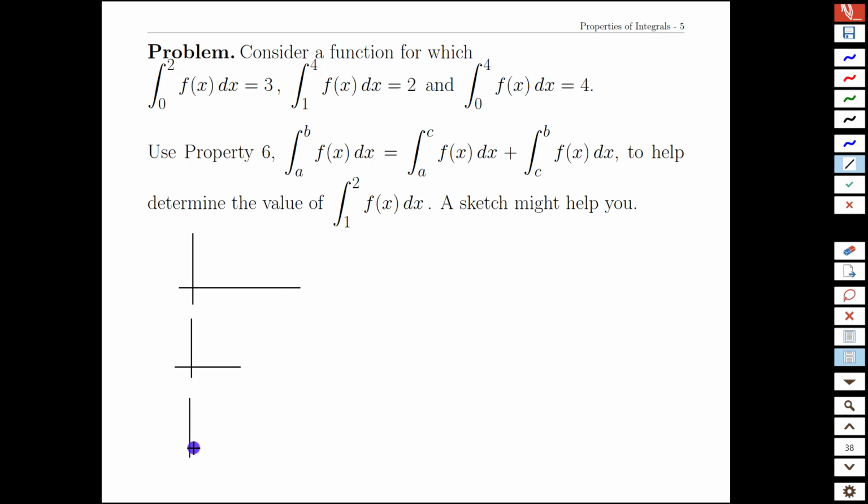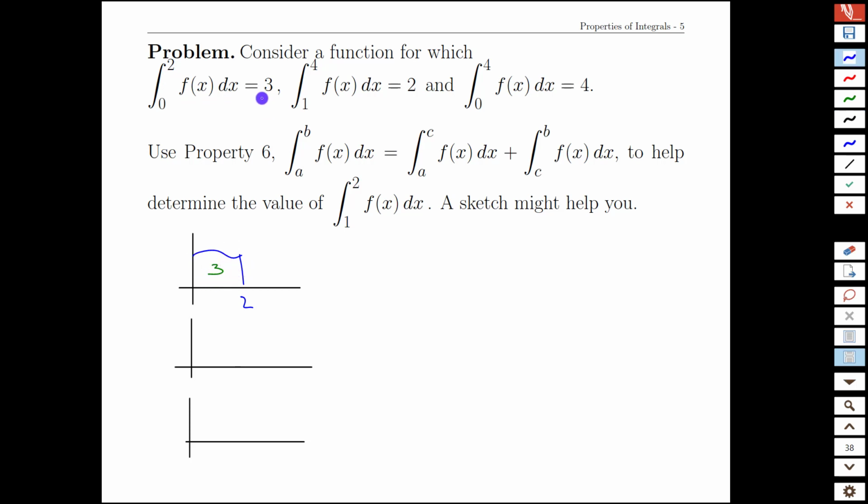So I'm going to draw 3 axes here, all lined up. And this is not going to be a detailed sketch for the function itself, but we can represent these as areas. For instance, the integral from 0 to 2 of our function would give an area of 3. The function doesn't necessarily need to look like this.